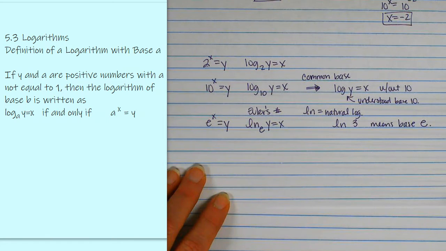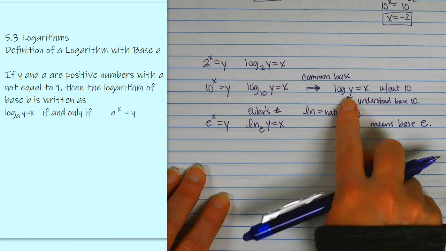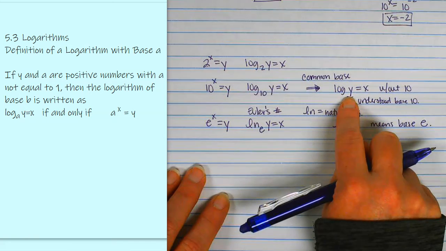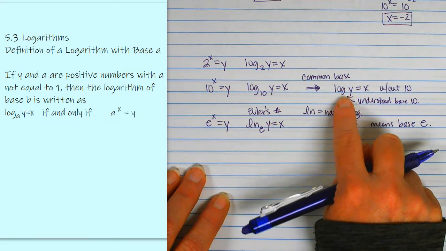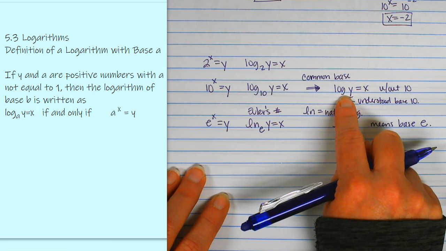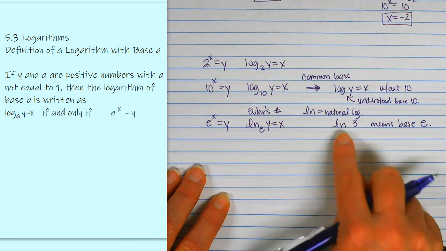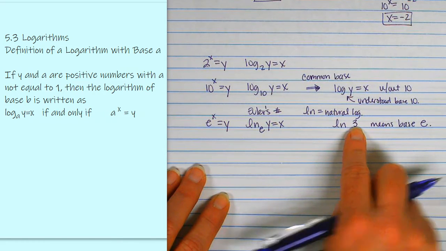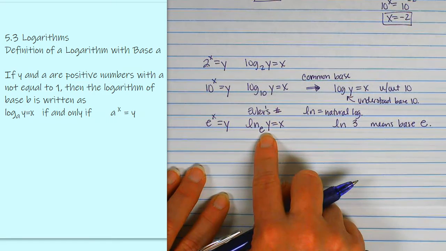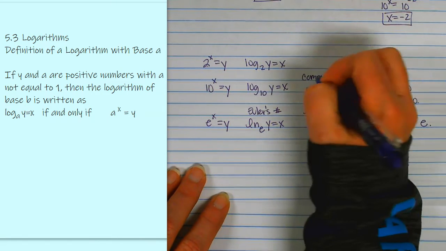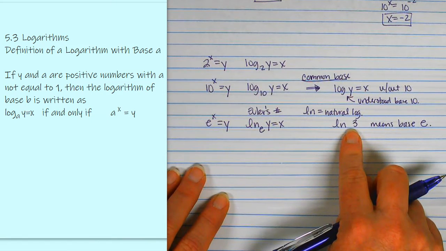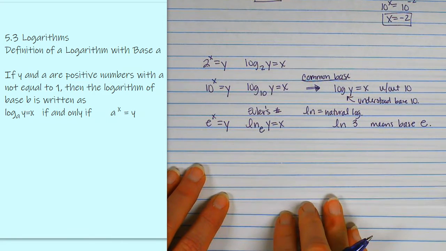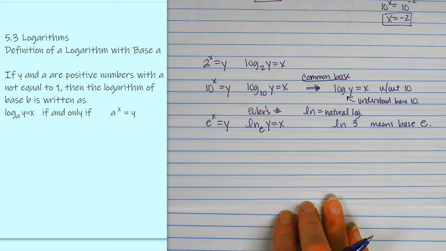So as beginners, you're probably going to want to take what's given to you, and when you do the math, go ahead, don't be lazy, and write 10 here. There's nothing wrong with writing 10 in, and there's nothing wrong with writing e in here like this one. So go ahead with these common bases and write in the understood base that goes with it so that it'll help you calculate things that much easier.